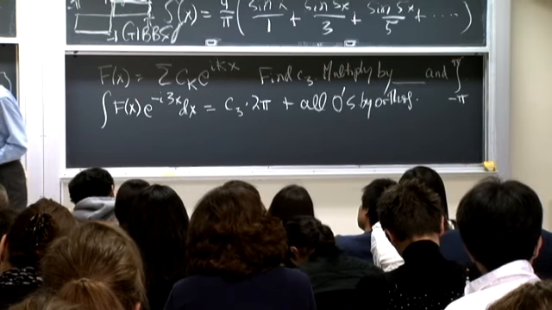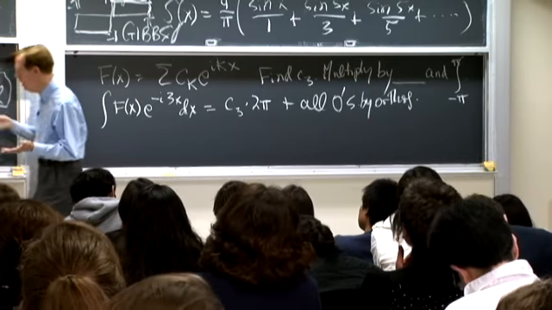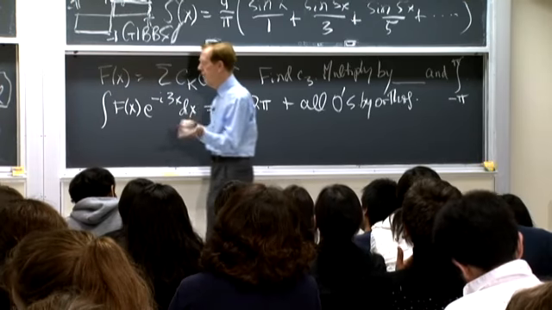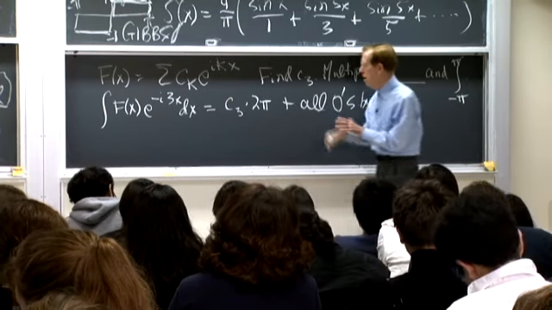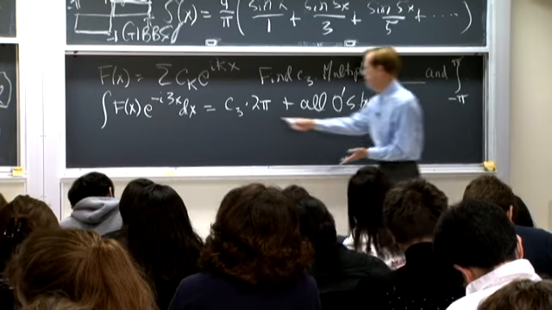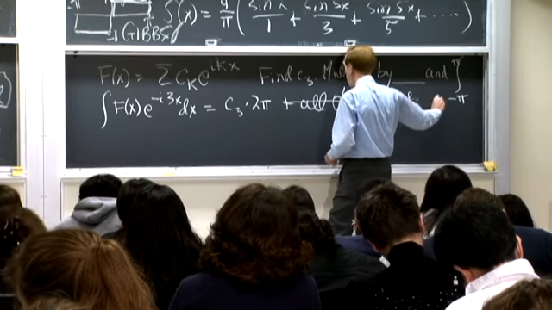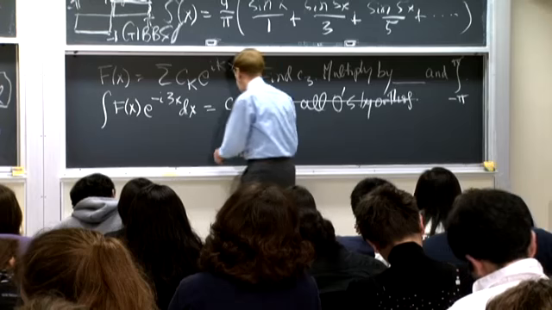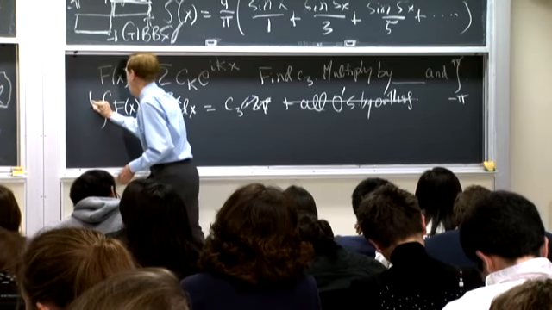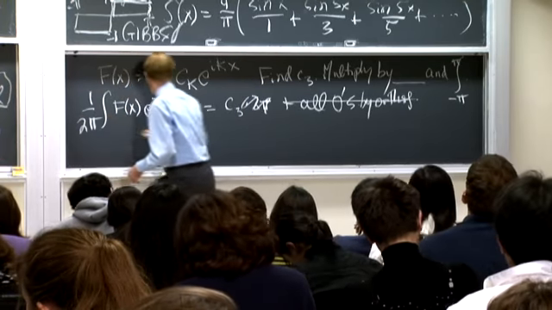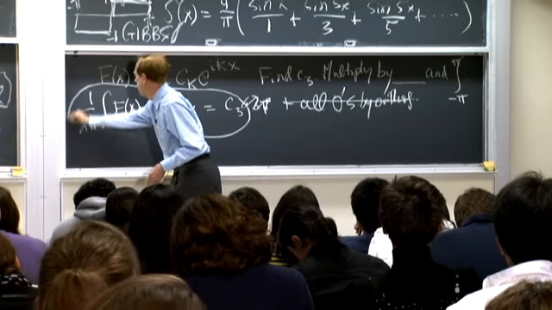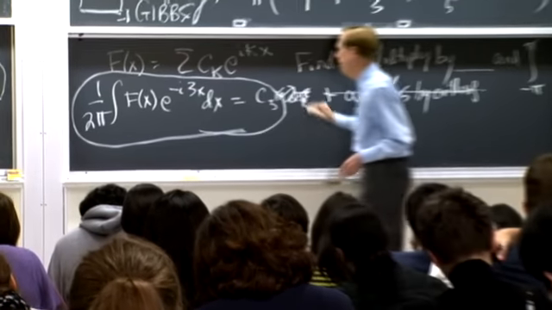If k is 3 and L is 7, or k is 7 and L is 3, the integral gives 0. So what's the formula then? This is all gone. Divide by 2 pi, and you've got it. There you are. That's the coefficient. Okay.